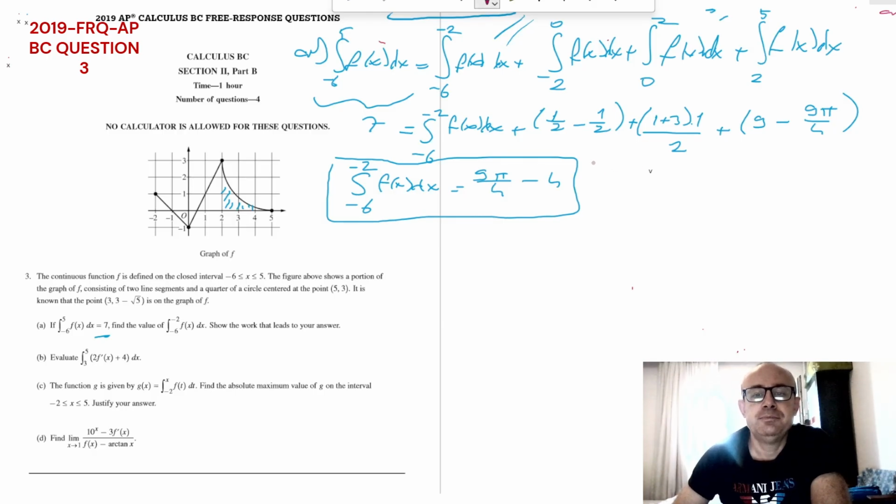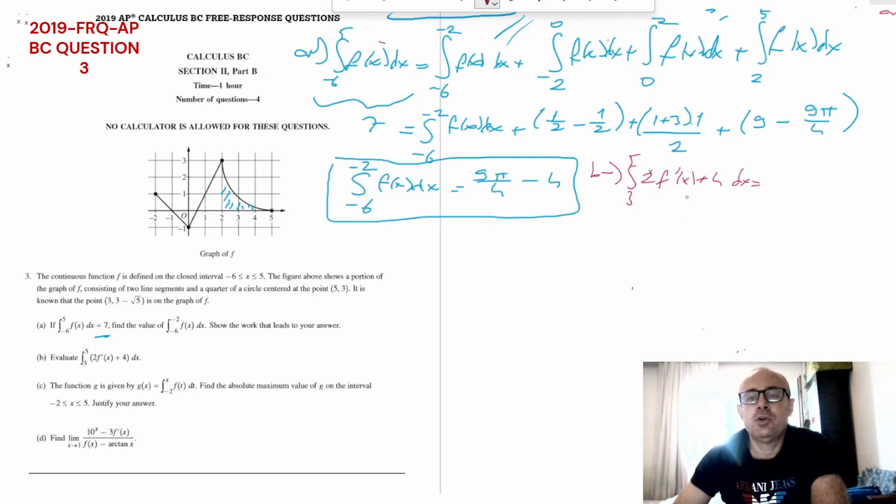Now part B. Evaluate the integral from 3 to 5 of 2 times f derivative of x plus 4. Let me write the integral from 3 to 5 of 2f'(x) plus 4 dx.